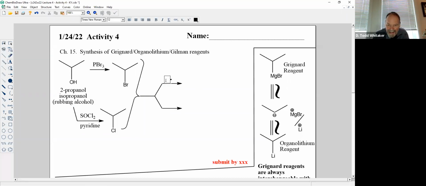You react it with elemental lithium, in the least polar solvent you can think of, hexane. So it doesn't matter which of these two you start with. You get, well, I already have it drawn, this one.